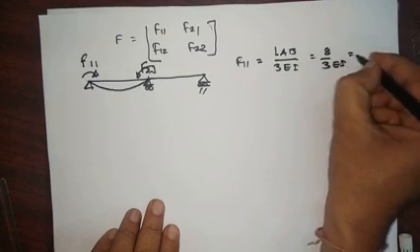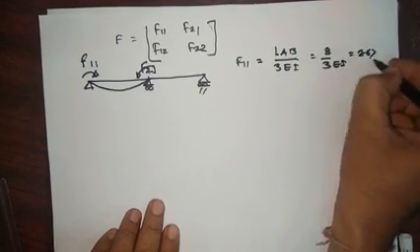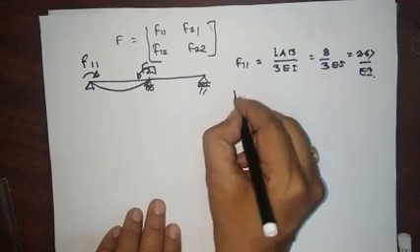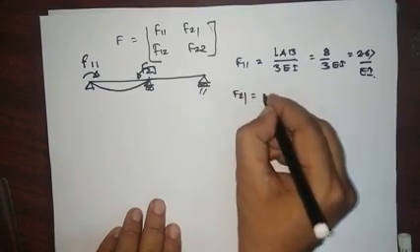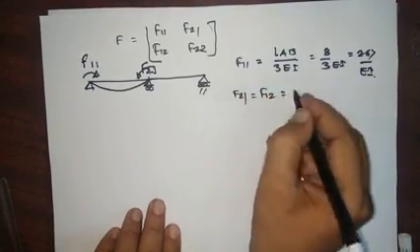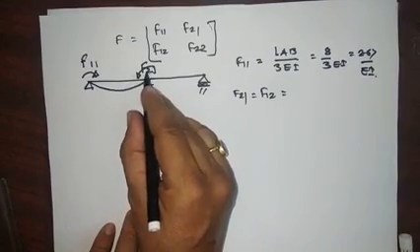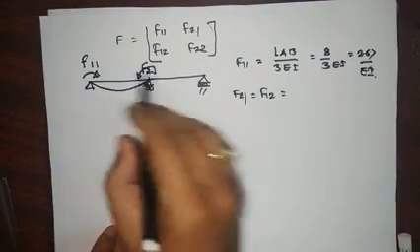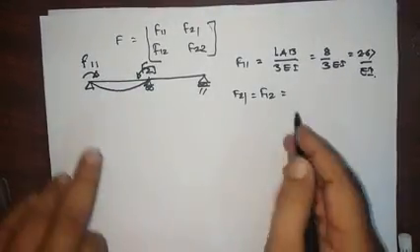So this becomes 2.67 divided by EI. Now F21 is also equal to F12, meaning rotation developed at 2 due to the application of rotation at 1.